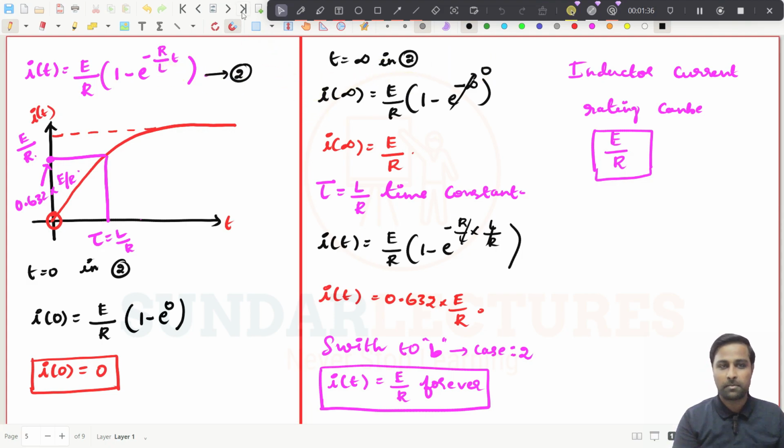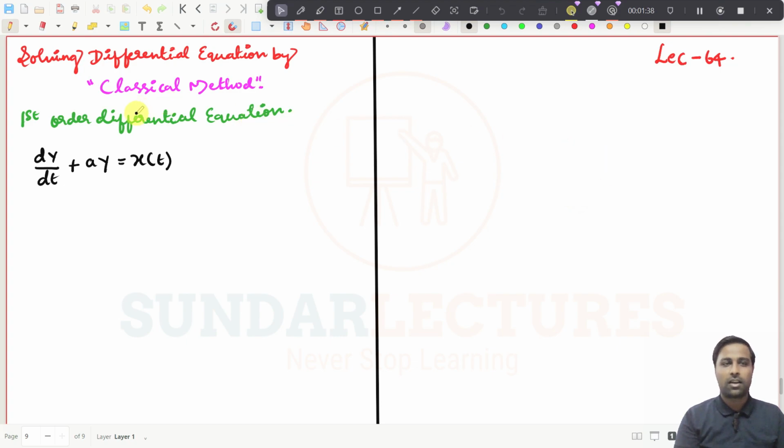We will go to solving differential equations by classical method. First we will take the first order differential equation, and this is not the method where we are going to see the complementary function and particular integral. I'm going to solve this in a different way.